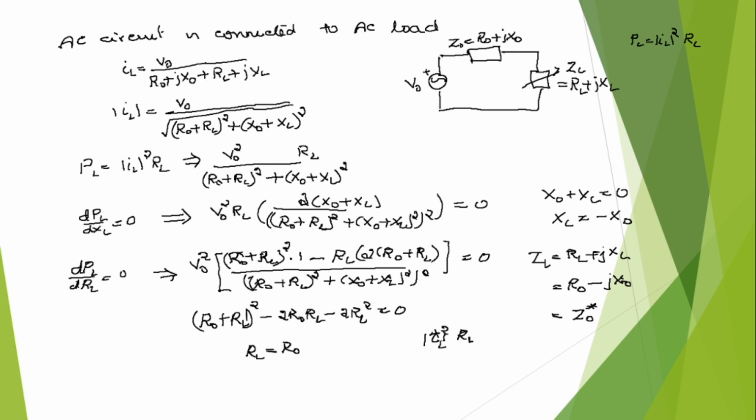I will get IL as V naught by 2 R naught. So what happens to P max now? V naught square by 4 R naught square, with RL equal to R naught, so it is V naught square by 4 R naught.